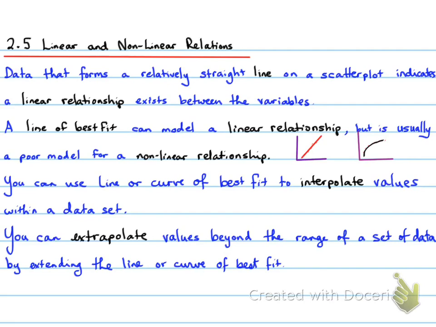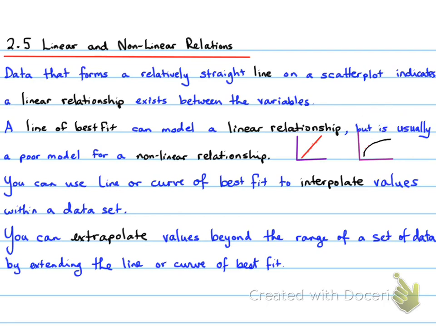And this curve of best fit would best fit the model. So you wouldn't use a line of best fit in data that looks like this, because a curve of best fit is a better representative of that particular data. So this would be a linear relationship, and this would be a nonlinear relationship.